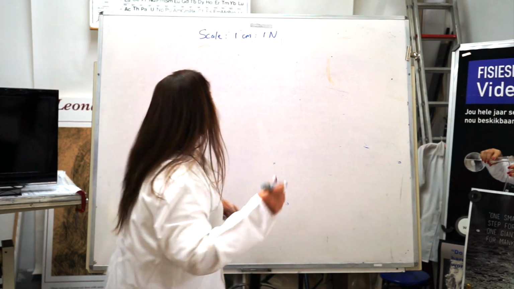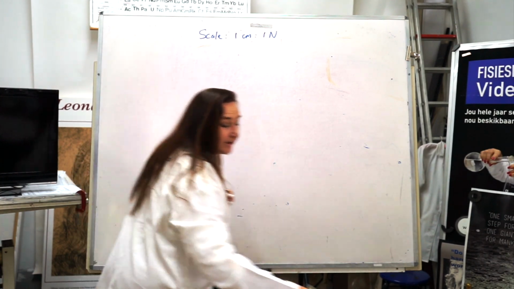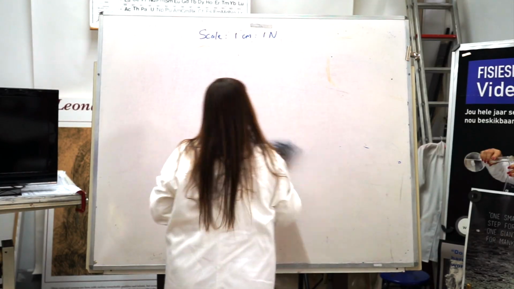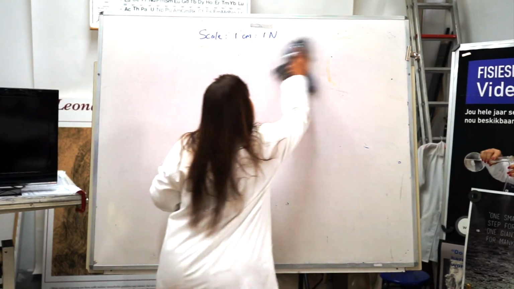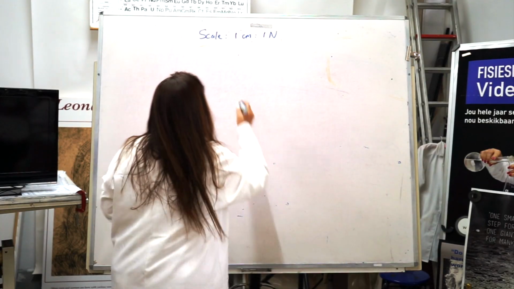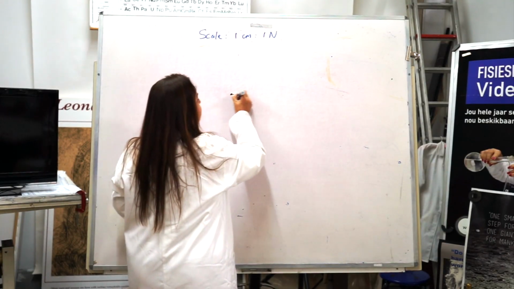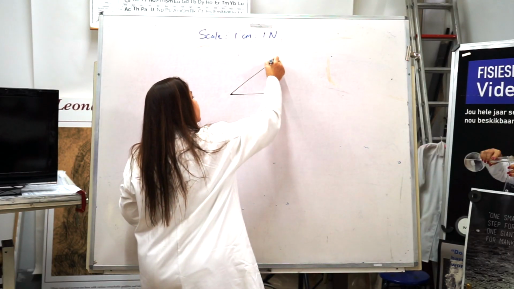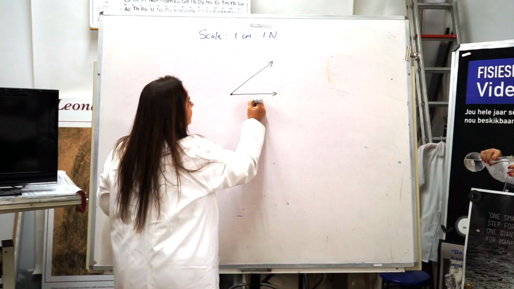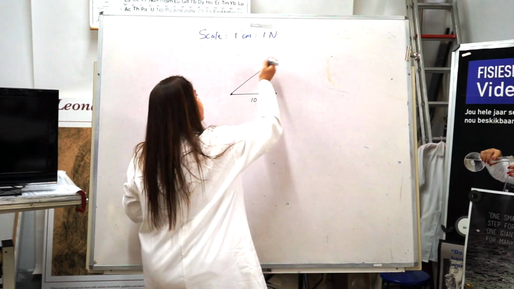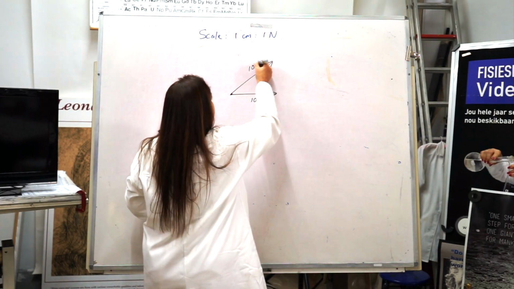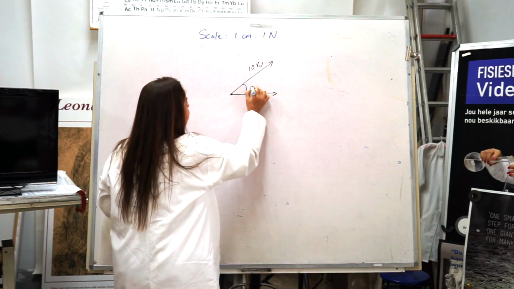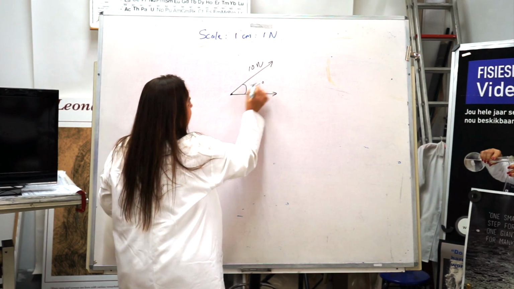What if those two forces are not working perpendicular? Okay? If there's two forces and they don't work perpendicular, let's say that's the two forces. So it's a 10 Newton force and let's say also a 10 Newton force, and they work with an angle of, let's say, 35 degrees.